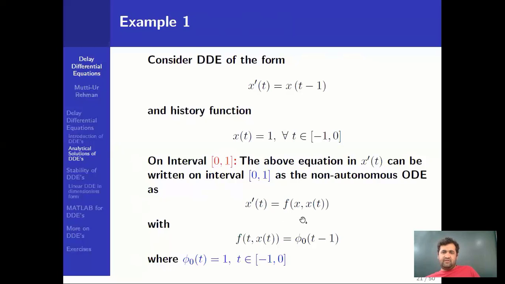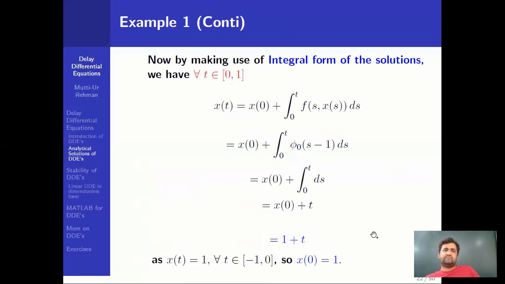So over here, you will see that this guy will take basically this particular format. So this guy is basically, let's say it's 1, because at the initial stage, your history function is actually 1. Okay. Of course, here t is in this particular interval. So this is your initial history function. Okay.